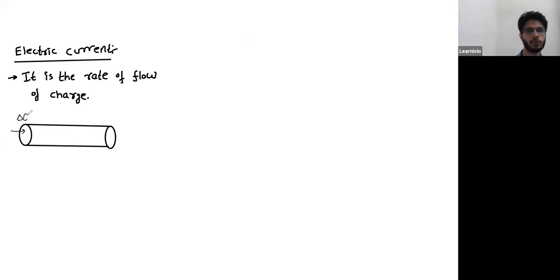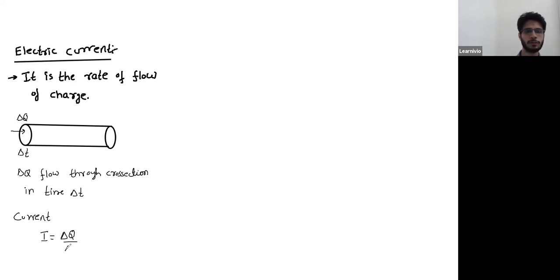A charge delta Q flows through this conductor in time delta T. So charge delta Q flows through the cross section in time delta T. So current is I, which is the ratio of charge and time.